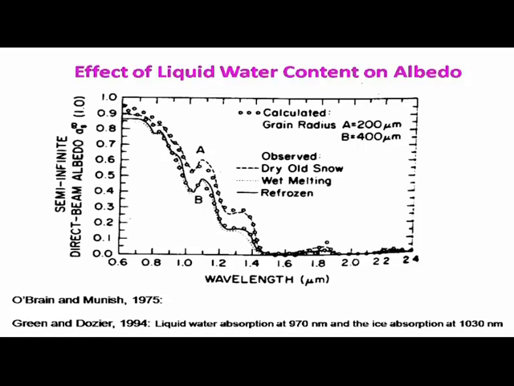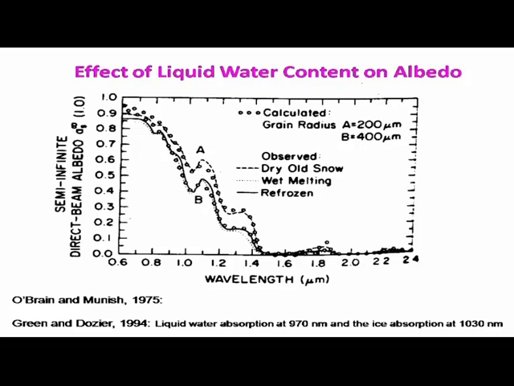Once it was wet, melting snow, they took the spectra and found this reflectance curve. After that they refroze the sample and again took the reflectance, and found the spectral reflectance of this refrozen snow is the same.